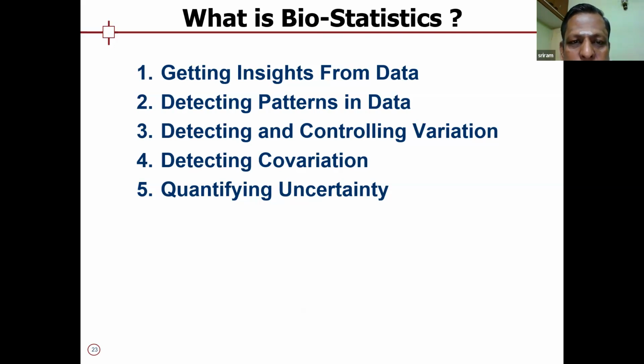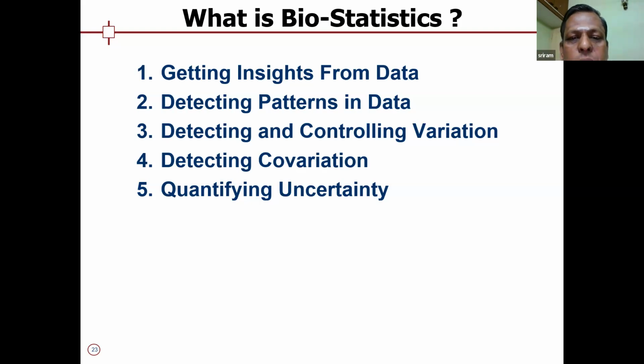Definitely, the fifth should be compulsory, and among the four, if you don't have any one of them, then you don't need statistics and you are not using statistics. So statistics will help you to get insights from the data. How to do that, a lot of methods are there. I'm not getting into that.